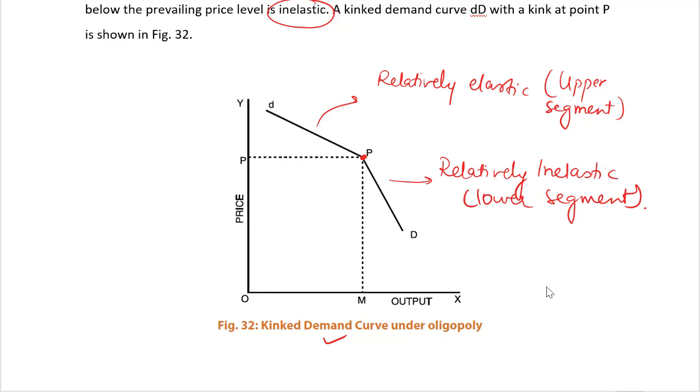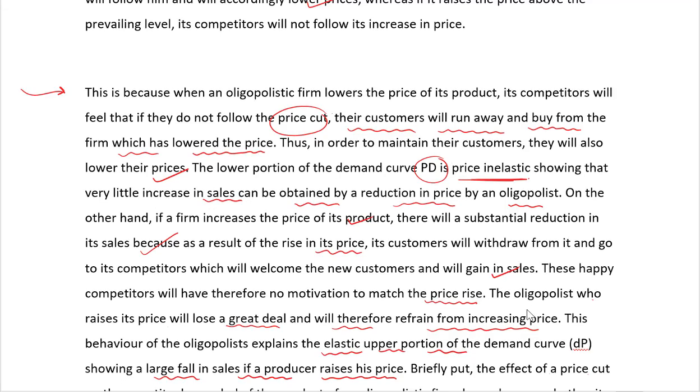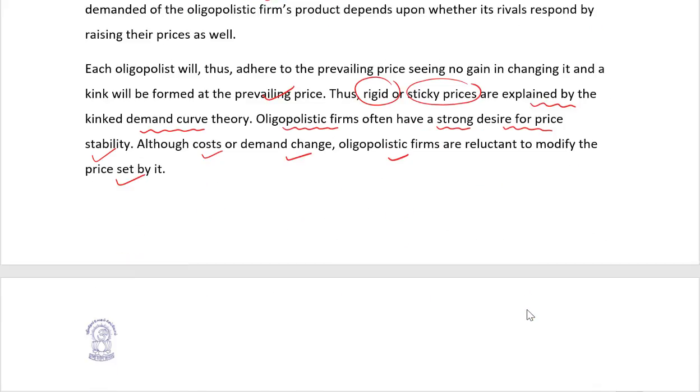The upper segment is relatively elastic because if you increase the price, there will be a considerable decrease in the sales, because all the consumers will shift to different sellers. And if you decrease the price, the rest of the sellers also decrease the price, and you would not be able to get the benefit of the decreased price. So the lower segment is relatively inelastic. I believe all of you must have understood it well.